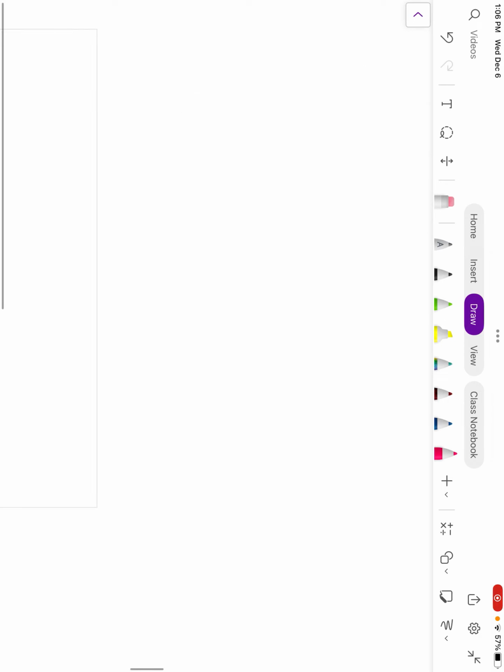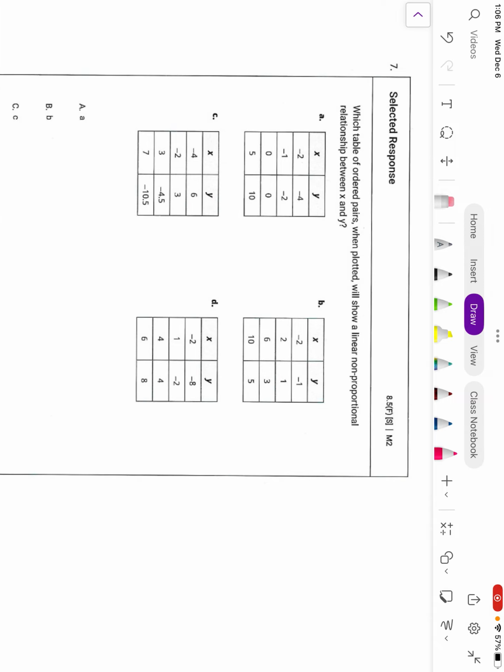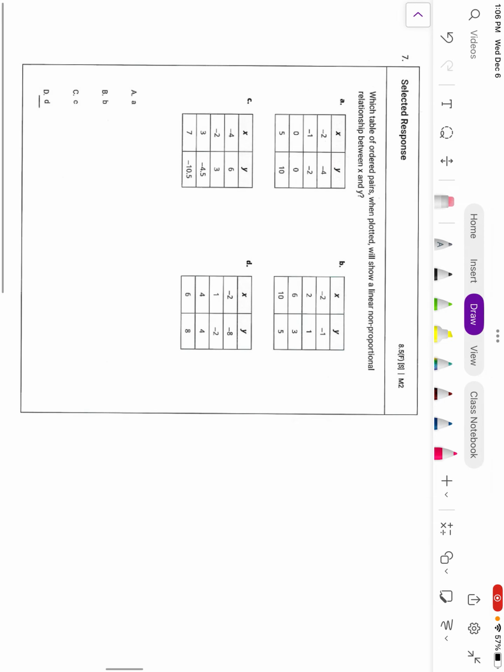I also want to take a minute and match the question to the TEK. So for instance, I would want to look at this TEK. The TEK here is 8.5F. I noticed that they're asking me to find a non-proportional relationship from a table. So I want to go ahead and check that TEK. I want to make sure that that TEK actually says we should find something proportional or non-proportional from a table.